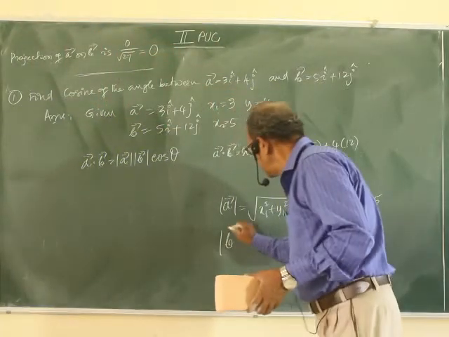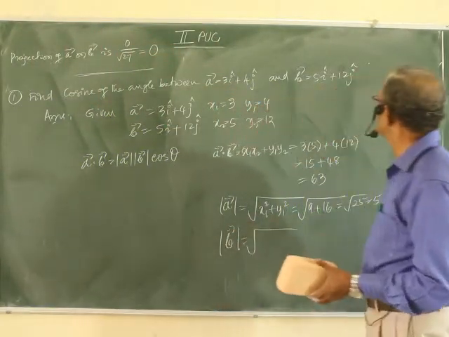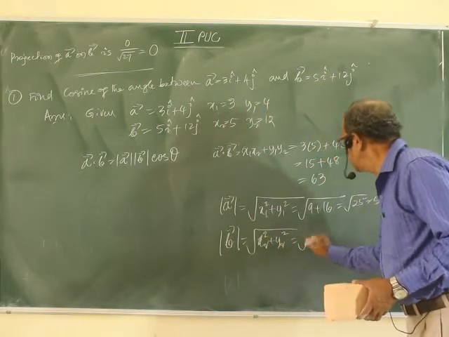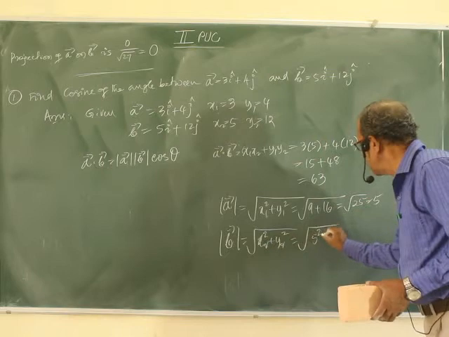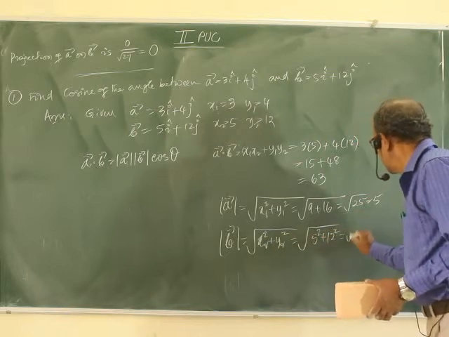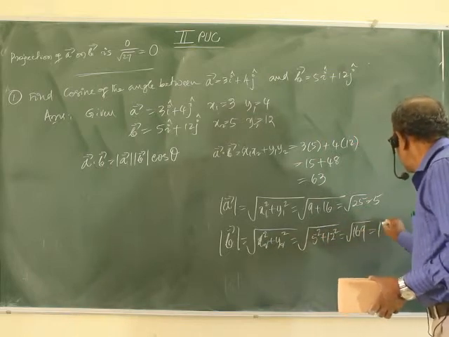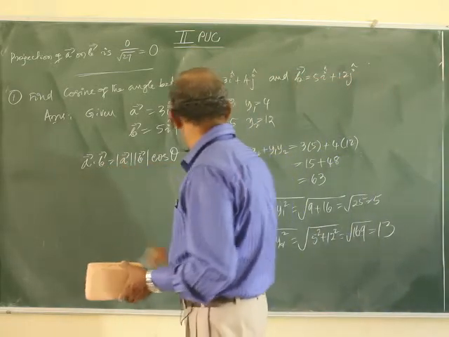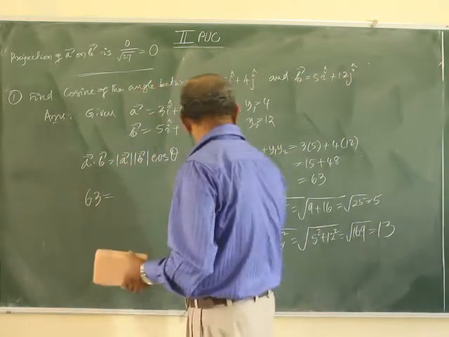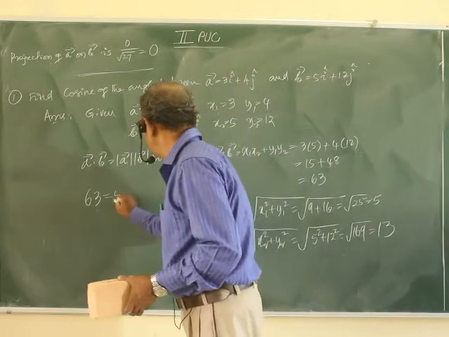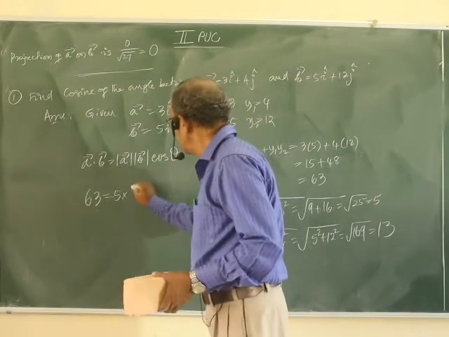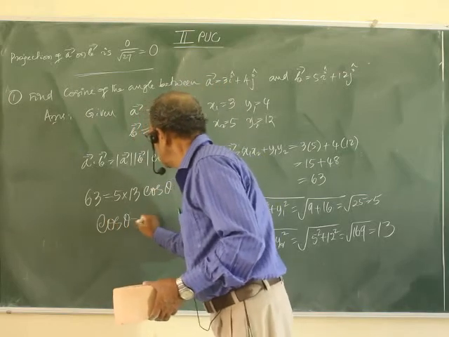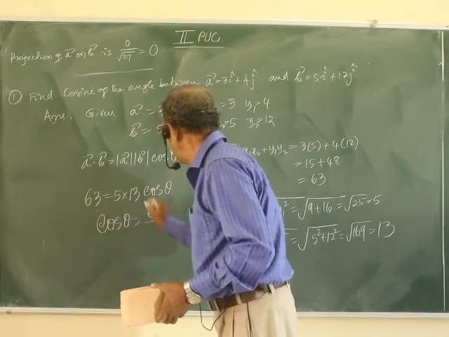Mod B is root of x2 square plus y2 square, 5 square plus 12 square, root 169, 13. Now the answer here: A dot B is 63, mod A 5, mod B 13, cos theta. Cos theta is 63 divided by 65.